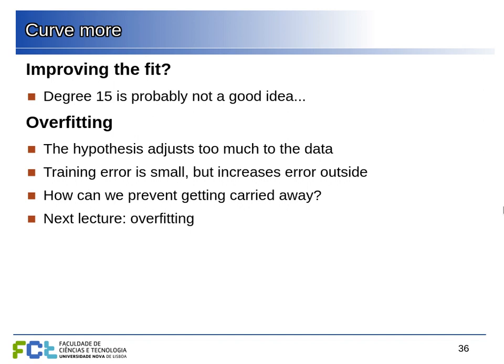That also gives us the idea of the importance of inductive bias. So we need to find some way to balance these things: the error we get on the data that we're using to find the hypothesis and the error outside that data. And this is what we're going to see in the next lecture, next week, how to try to prevent overfitting and prevent getting carried away.